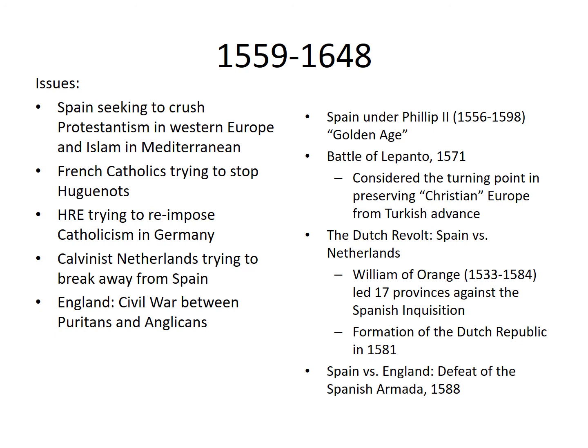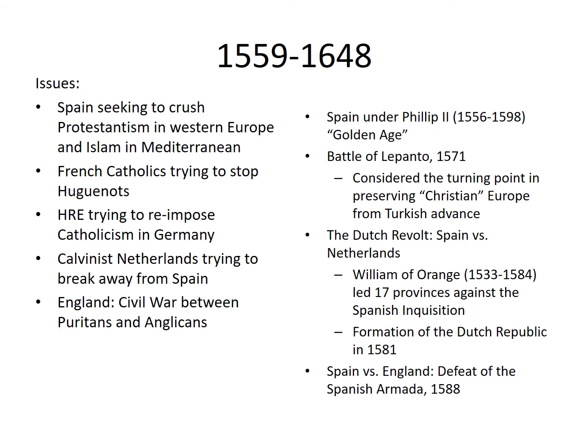The French Catholics were trying to stop the Huguenots, meaning the French Calvinists, in France. The Holy Roman Emperor was trying to reimpose Catholicism in Germany, the Peace of Augsburg wearing thin for him. Calvinist Netherlands were trying to break away from Spanish control.